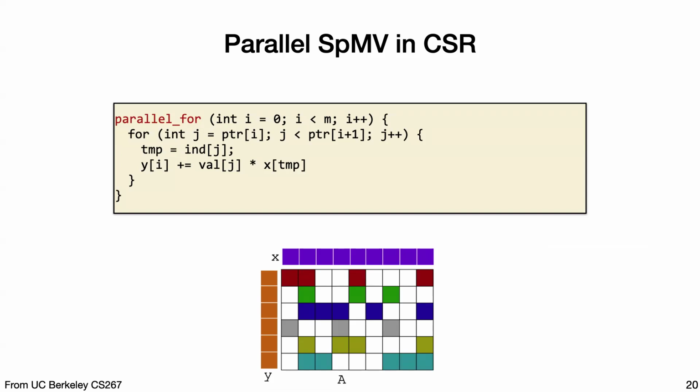And this thing is just the code that we had earlier. So for J, so every row, the row is I, J is the index into CSR, which gives the column ID. It starts at pointer I, goes up to, but not including, pointer I plus 1. And then you use J to index into the values array, and temp is the column ID.